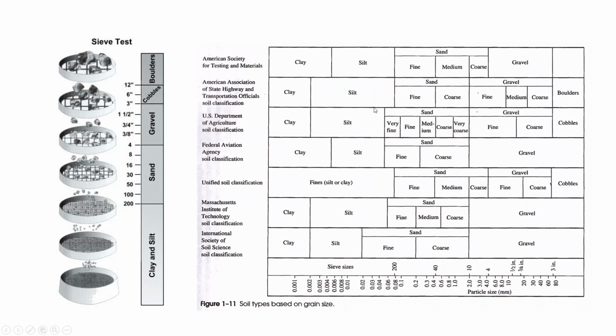The chart is organized by showing particle sizes on the bottom, descending on the left to ascending on the right, and they show with these vertical lines what size diameter particle or sieve size particle separates a clay from a silt, from a sand, from something bigger.